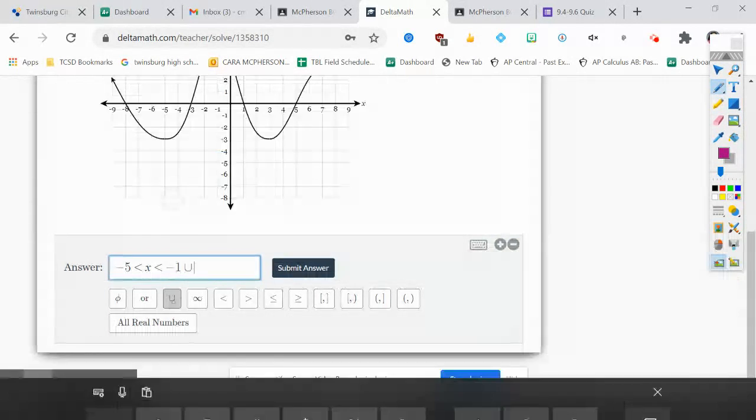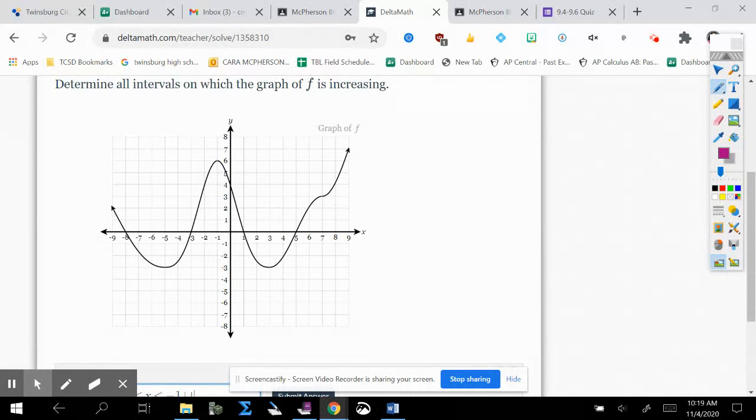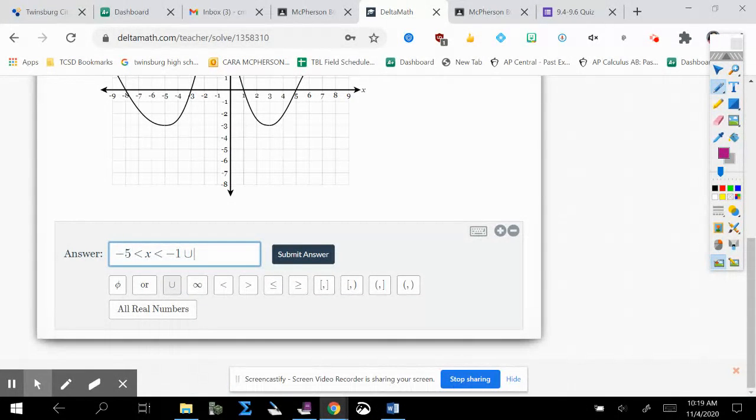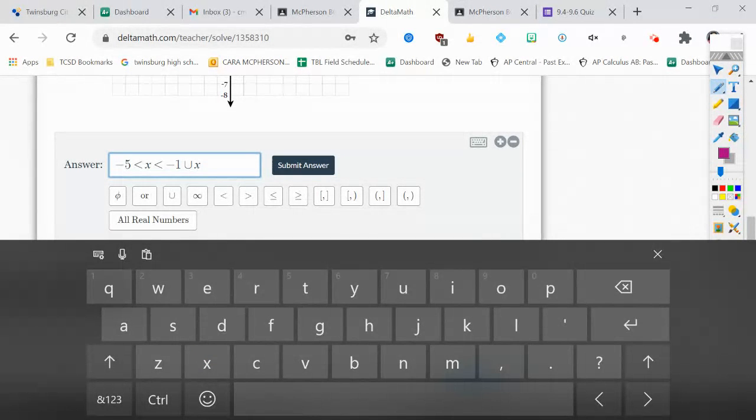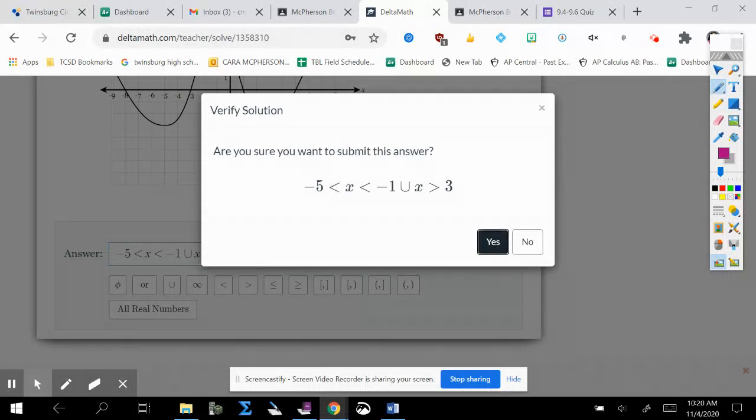And then join that with, where do we say the other time was? It was increasing from 3 on. So when x is greater than 3 would be the other time that it increases.